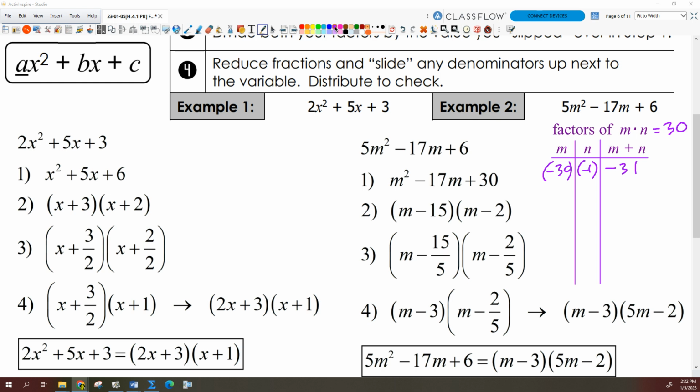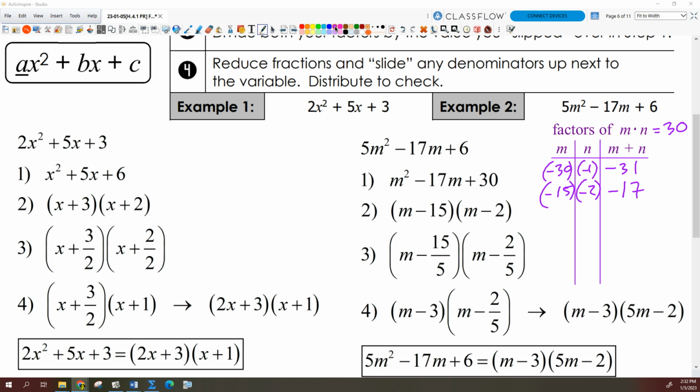They're supposed to add up to negative 17. That's too big, right? How do I get the factors to add up to something smaller? I've got to make them closer together, don't I? So I could do something like negative 15 and negative 2 gets my negative 17.